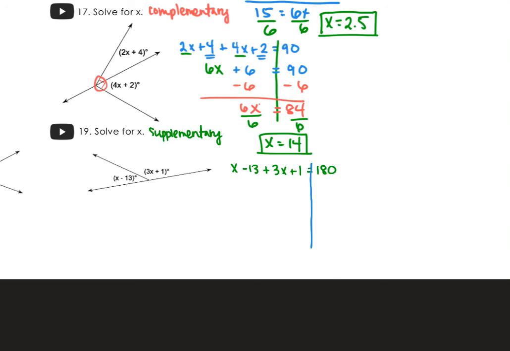Combining like terms, I have x and 3x, that's 4x. Then I have negative 13 and positive 1, that's minus 12. And then add 12 to both sides. So 4x equals 192. And then divide by 4. So x equals 48.